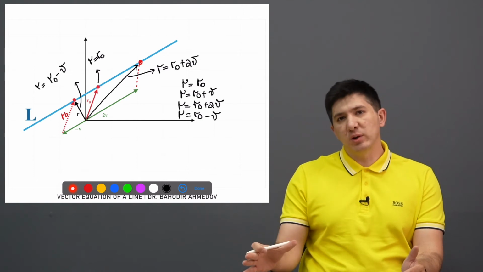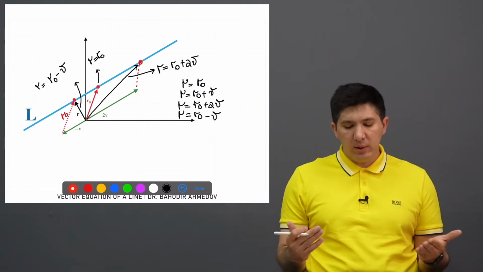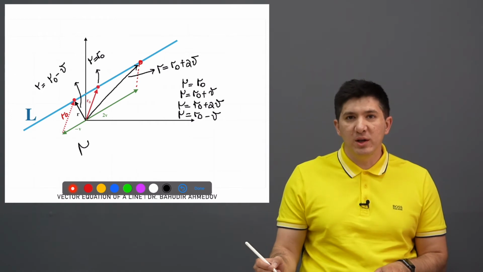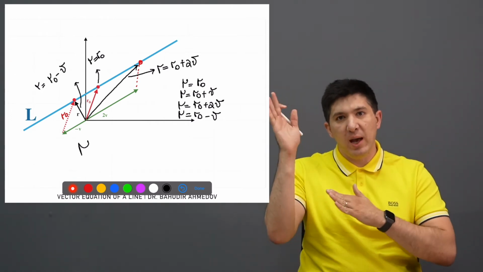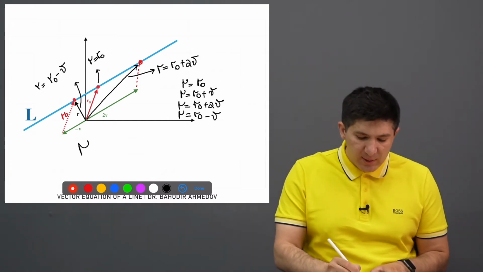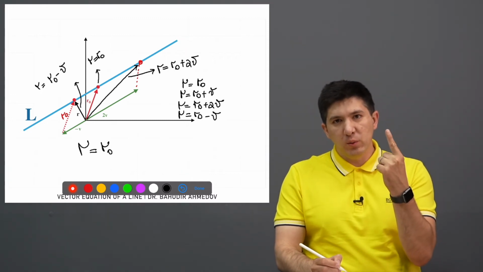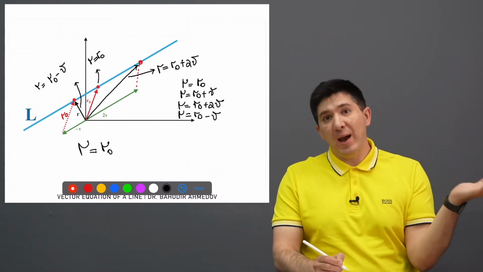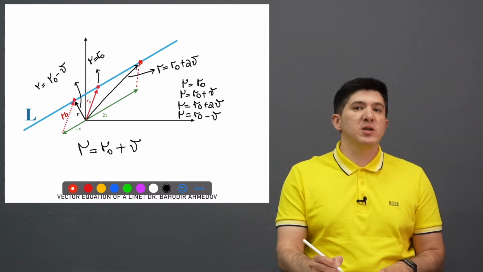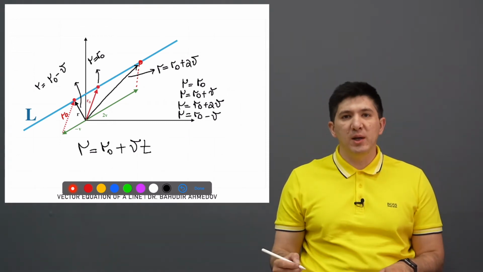Well, can you guess what is going to be the structure of the vector equation of a line? Yes, so the vector equation of the line is going to be the vector r, which gives you a vector which points to any point along the line. This vector can be of any dimension, right? It is equal to r0, one vector which points to any point on this line, plus v, the vector which is parallel to this line, times t, which is going to be our parameter.